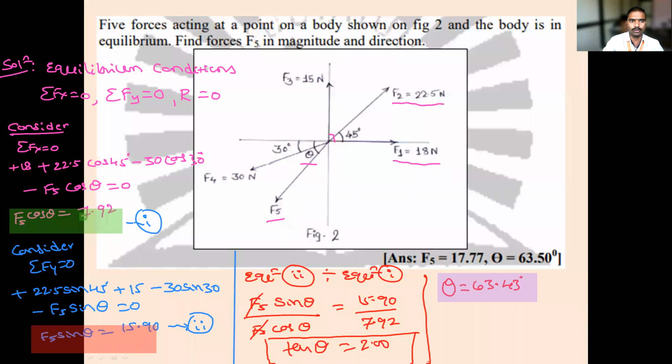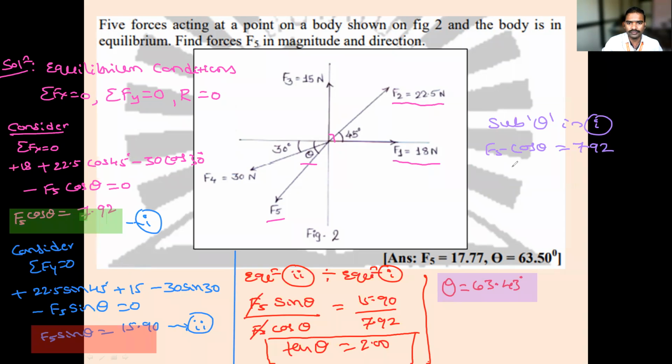Then how to calculate the value of F5? Substitute this theta in equation number 1 or 2. Substitute theta in equation number 1. F5 cos theta is equal to 7.92.